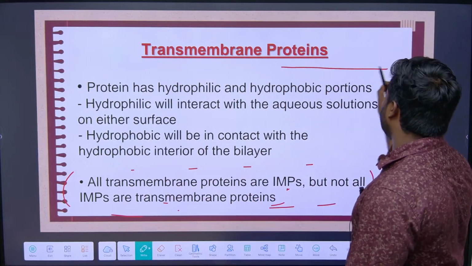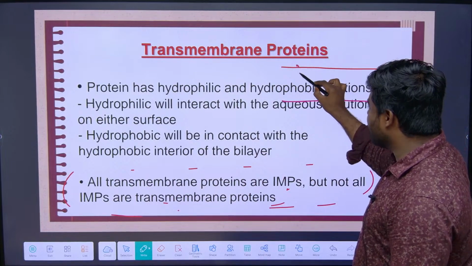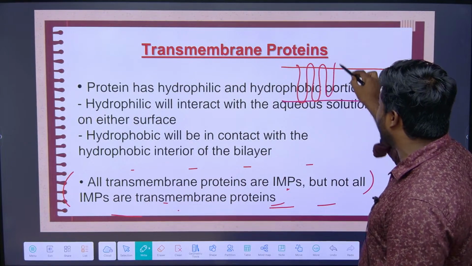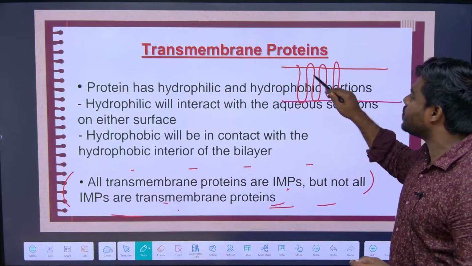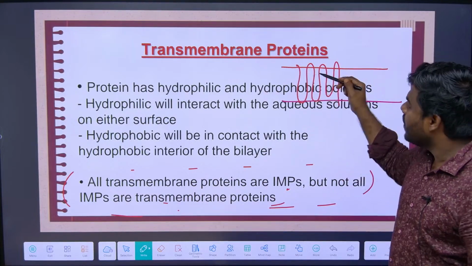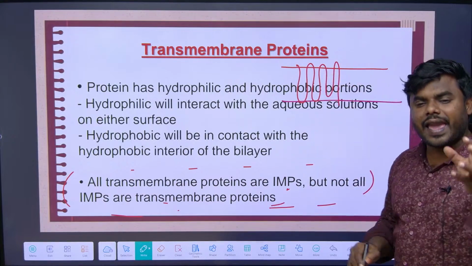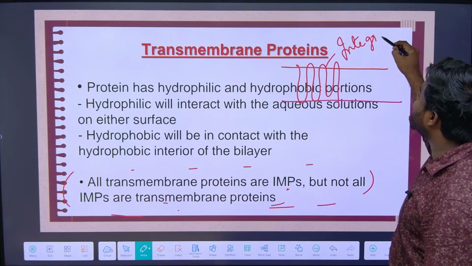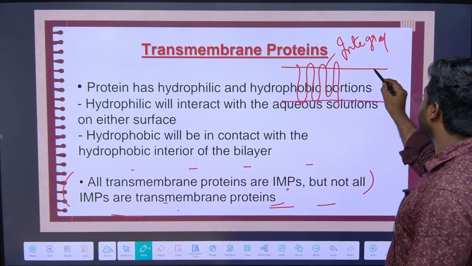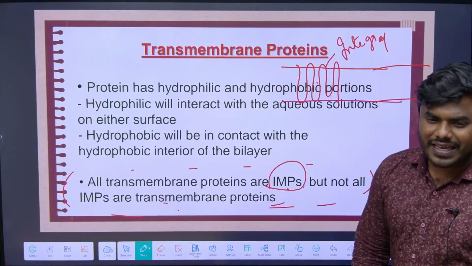Let's consider this is the plasma membrane. This is the transmembrane protein which is transpanning the membrane. If it wants to transpan the membrane, first it has to embed within the membrane. Since it is embedded within the membrane, we call it an integral protein. Correct, na? So that's why every transmembrane protein is an integral membrane protein.